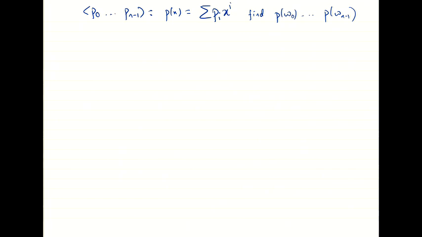right? So this transformation that we described from P to its evaluations can be written down as a matrix. Okay? How does the matrix look? Well, you write down this matrix.